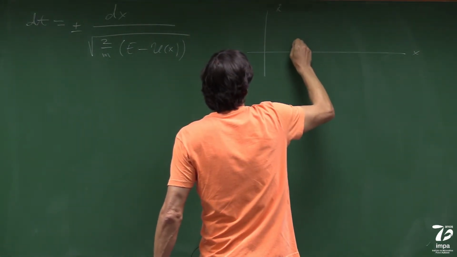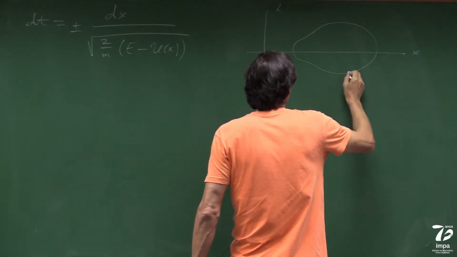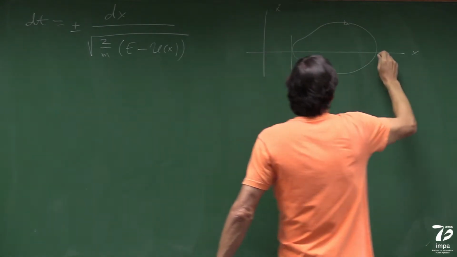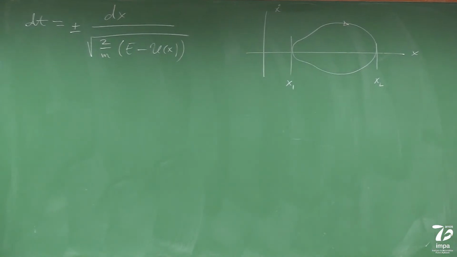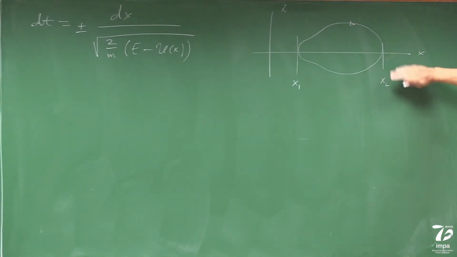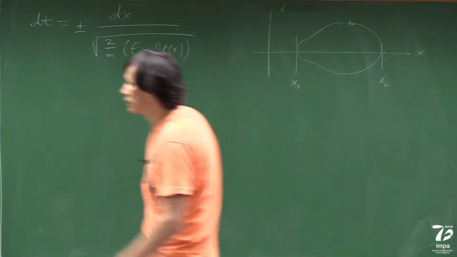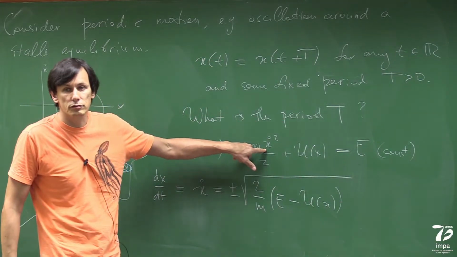We have some periodic motion, maybe even not so exactly elliptic. Let's define the limiting points: x1 at the left, x2 at the right. It's certainly symmetric, right? Because the curve is completely symmetric with respect to change of sign of x dot.